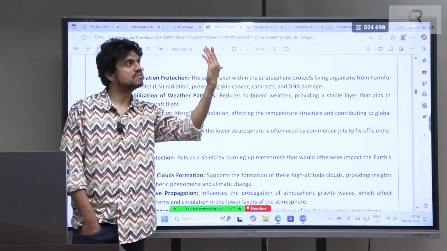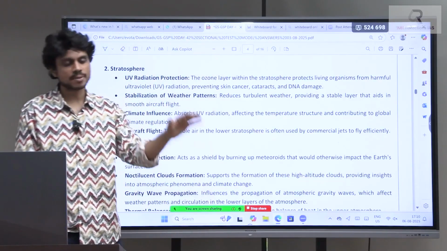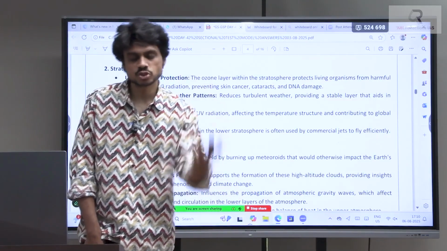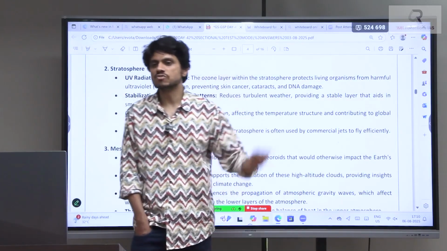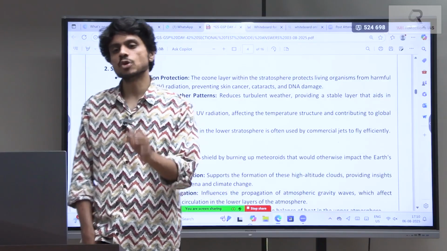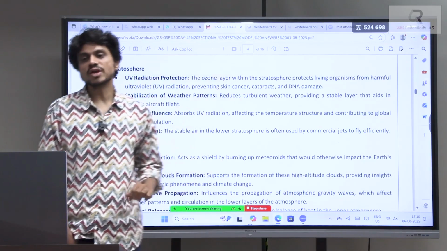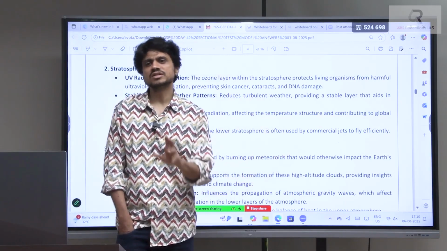Only when you have rising wind systems will clouds be formed, condensation happen, and rainfall occur. If the rising wind systems are not there, you will not see any clouds, condensation or rainfall. That's why there are no meteorological phenomena beyond the tropopause, and aeroplanes fly in the stratosphere to avoid these disturbances.